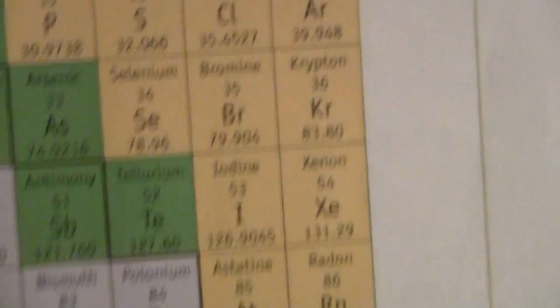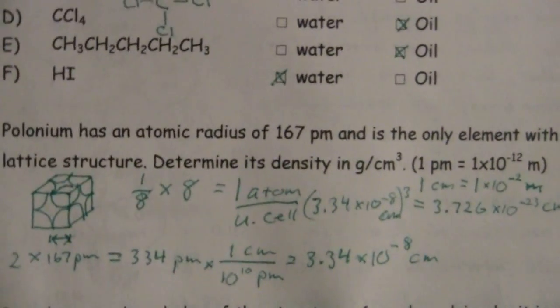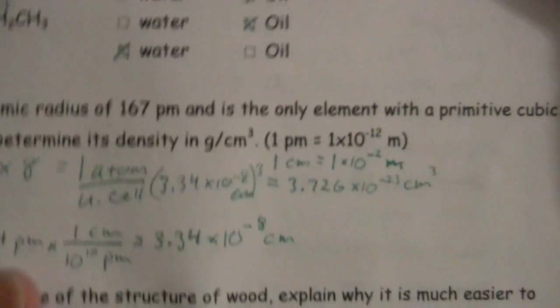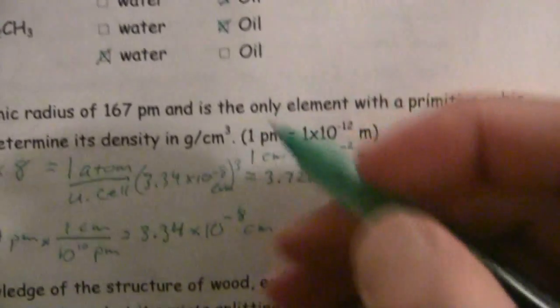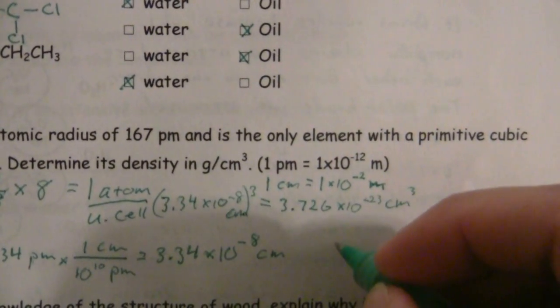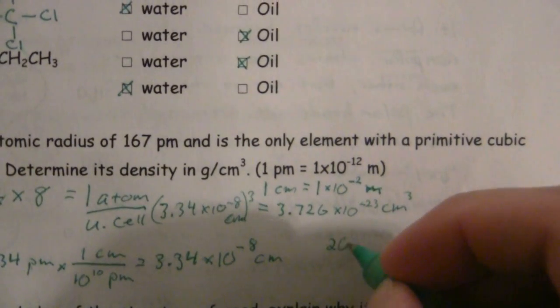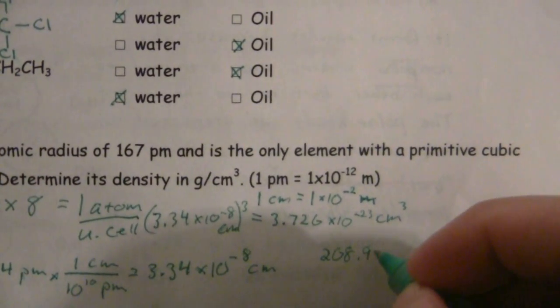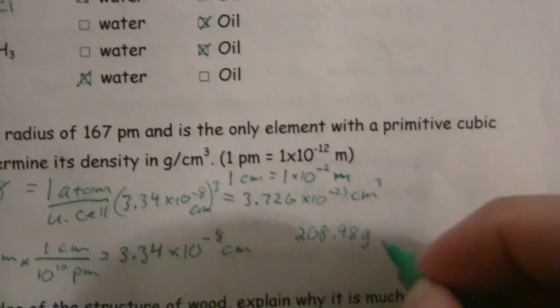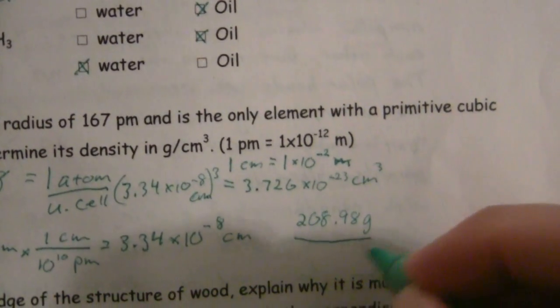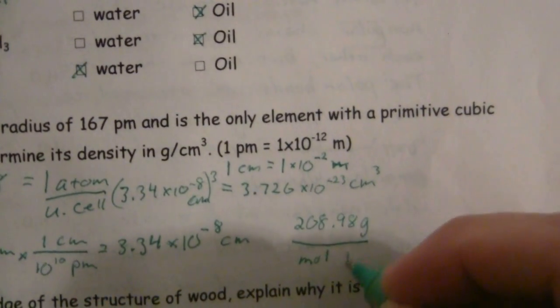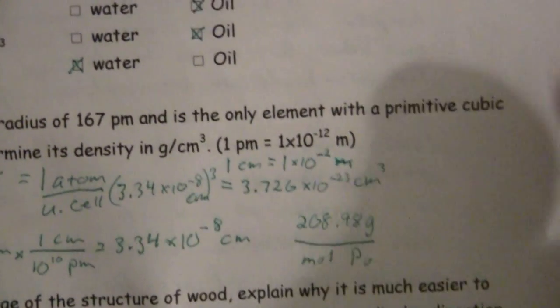So 208.98 grams per mole, and I'll put that down here. 208.98 grams per mole of polonium.